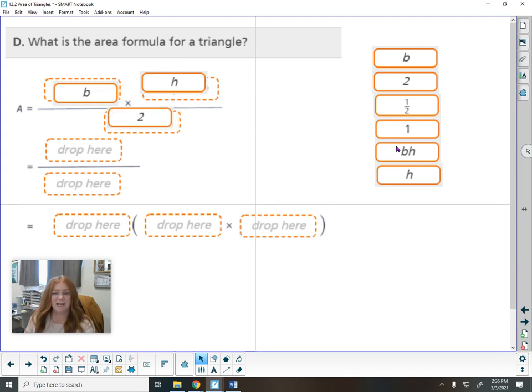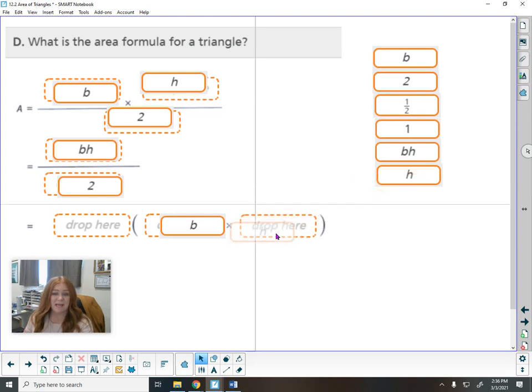Base times height can also be written BH, and we want to divide BH by 2. Another way we can write that is base times height, and then times it by 1/2, cut it in half. Either way, we're cutting the rectangle in half. You end up with a triangle.